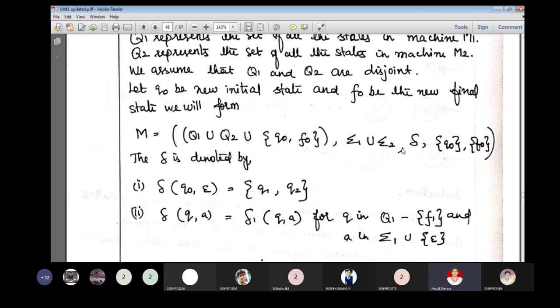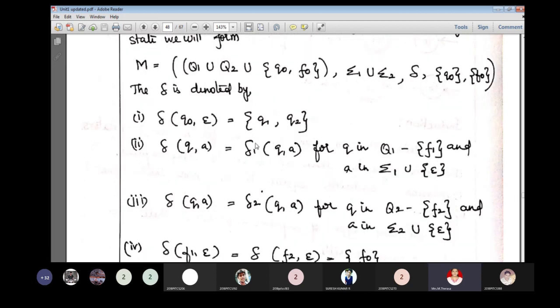Apart from that, del is going to include del of q0 comma epsilon equal to q1 and q2. So from the state q0 on epsilon, we make a transition to q1 and q2.